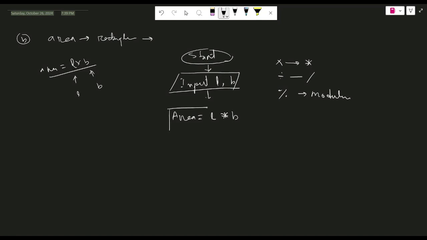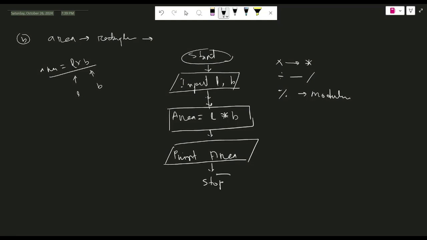So this is our process inside the processing box. Then for output we'll print area, and stop, done. So this is a quite easy process.